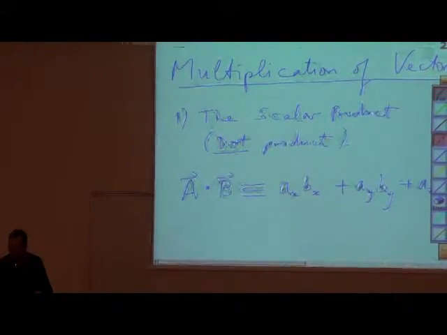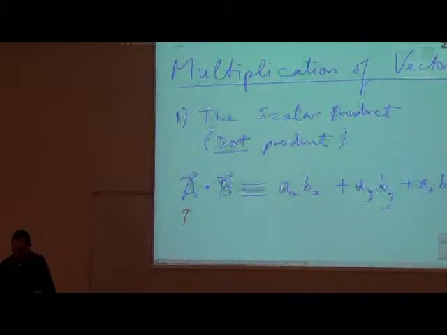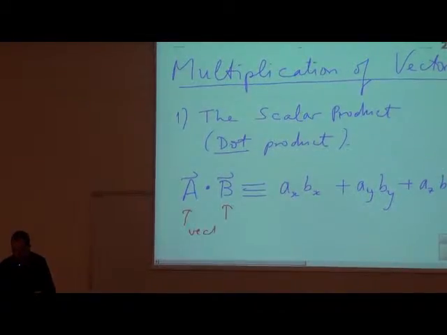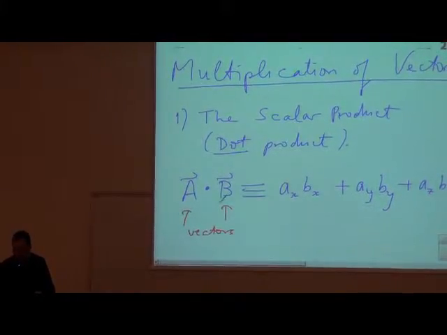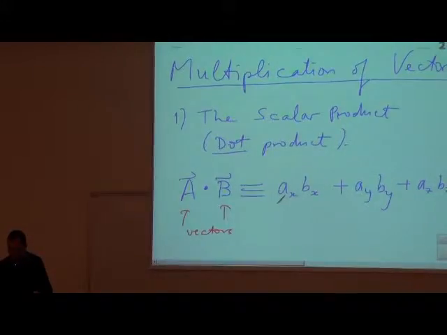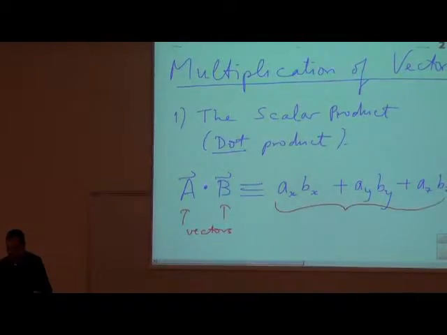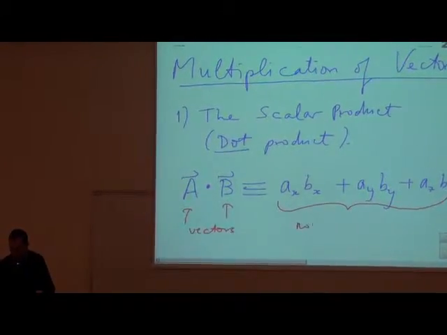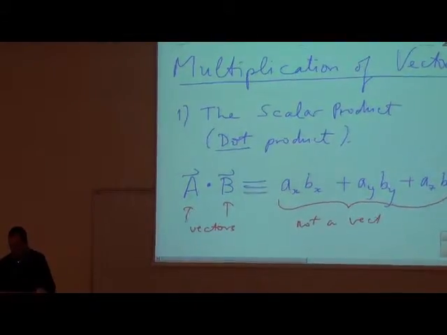So the inputs into this operation, a and b, are vectors, okay, and the result is not a vector.